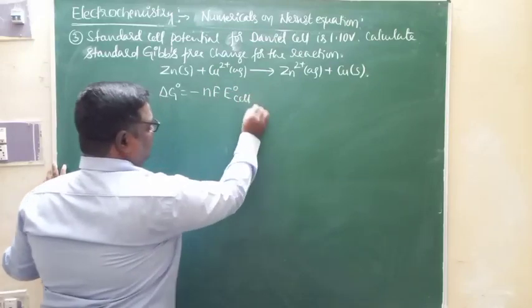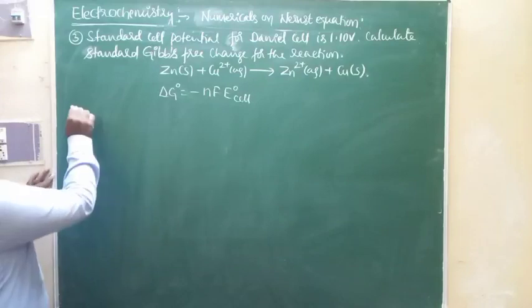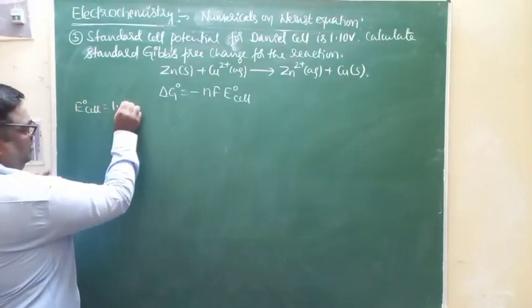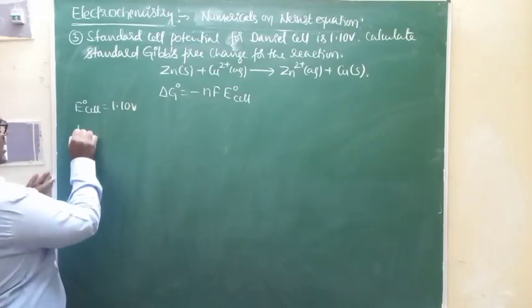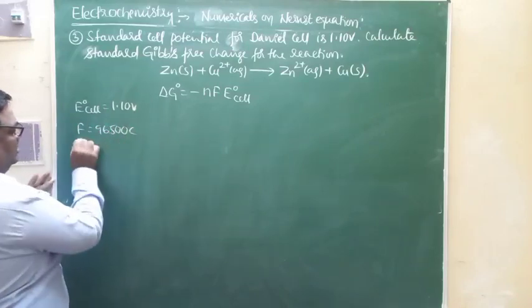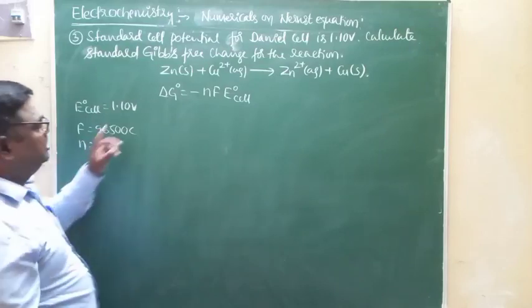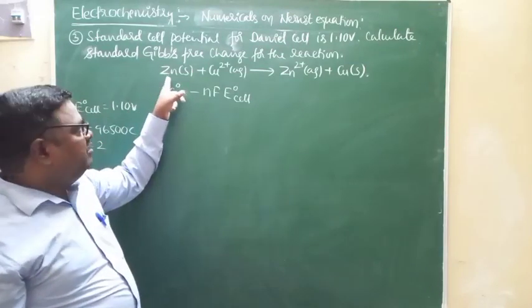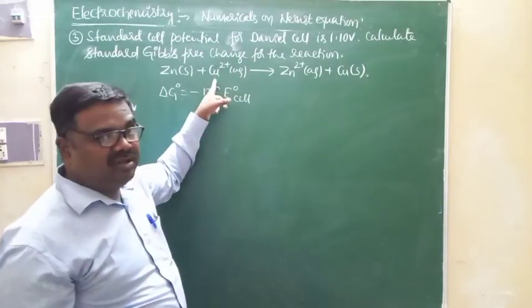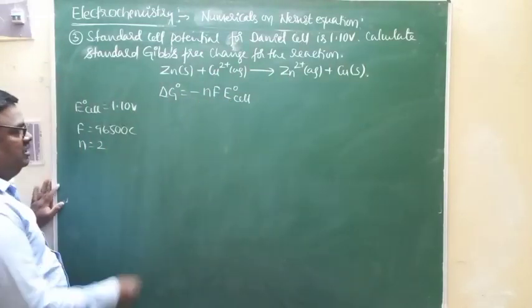E naught of cell is given here as 1.10 volts and F is 96,500 coulombs. n is 2 here because the number of electrons lost by one atom of zinc is 2. Those 2 electrons will be taken up by copper 2 plus ions. So n is equal to 2 here.